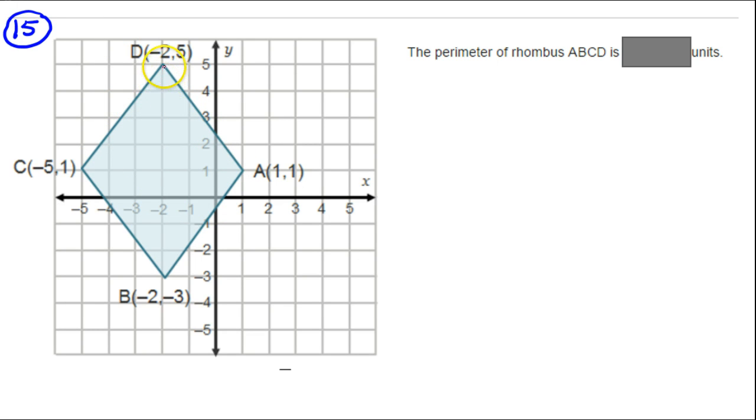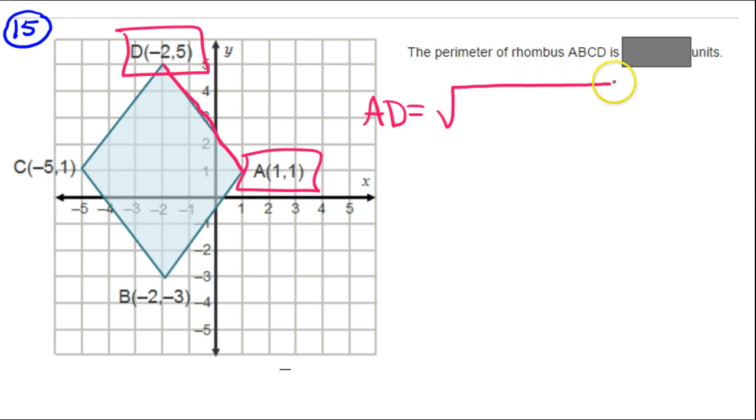Let's see. I think I'll do AD. All right, I'm going to do this side right here, which means I'm focusing on these points as I do my distance formula. So AD should equal the square root of, now I'm going to do x minus x squared. So I'm doing -2 minus 1 squared, x minus x.